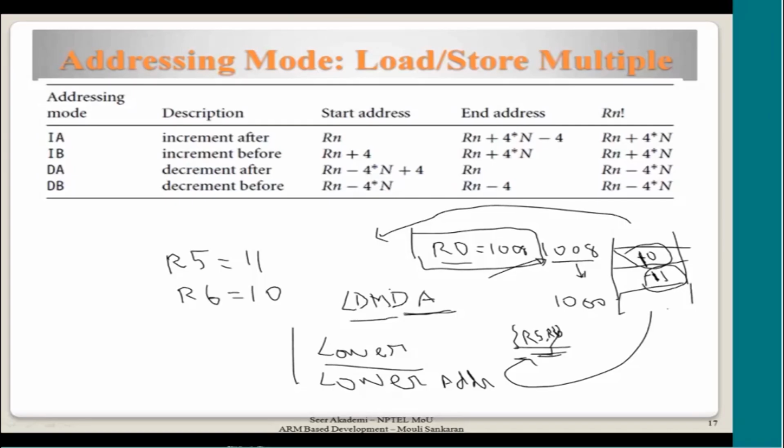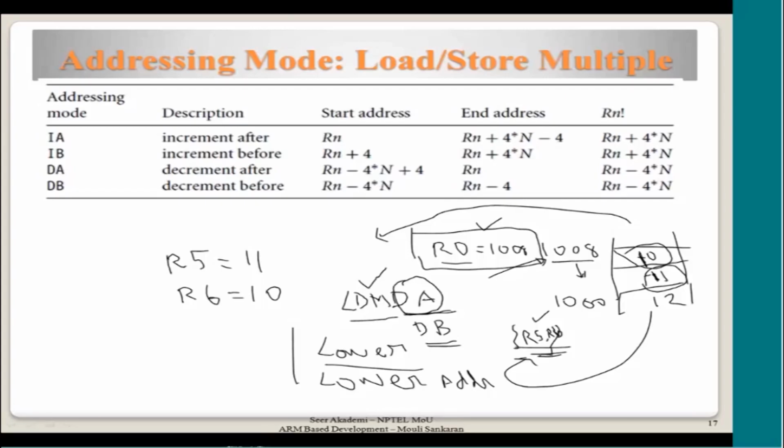Now let me give you another scenario. R0 is having the same thing, and your list is also the same. Your LDM is the same, but I changed this one to decrement before. Now let me ask you, when everything is the same, what will decrement before do?